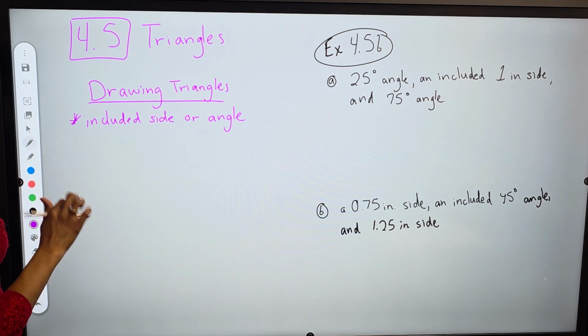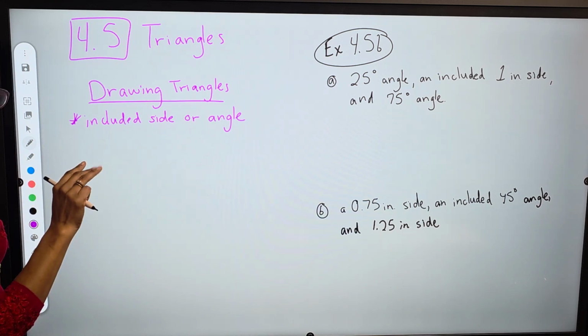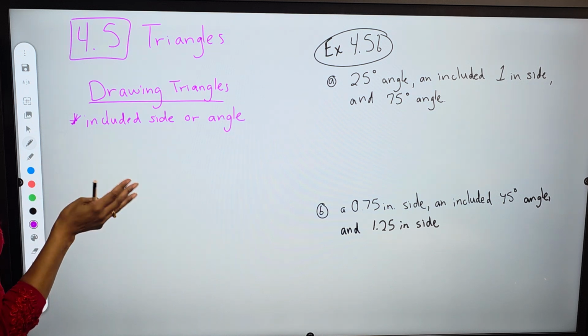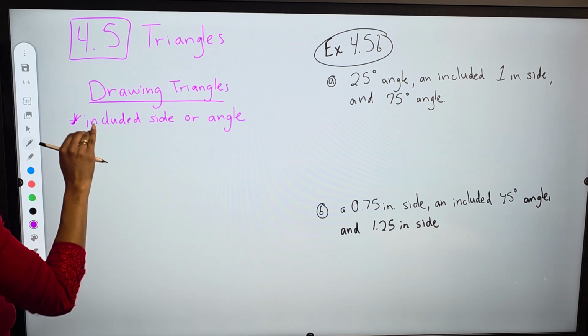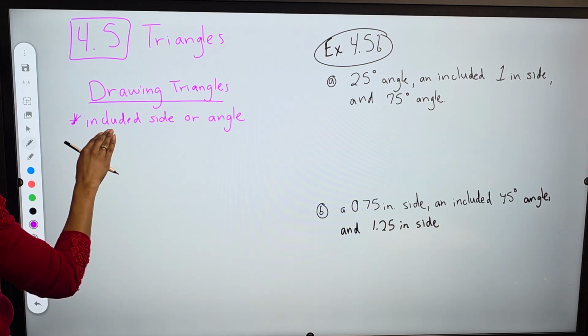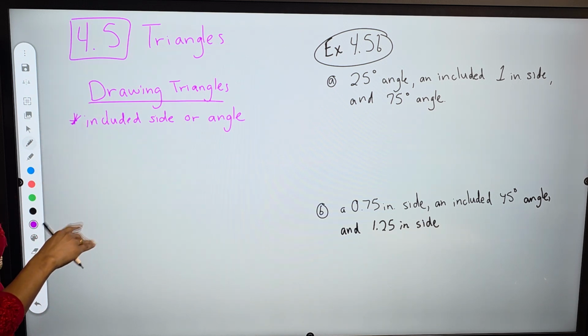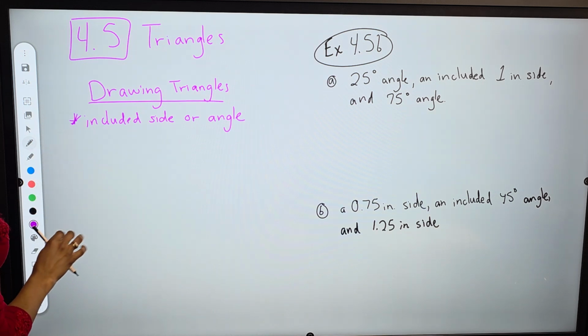So they're going to give you maybe three items. They give you two sides and an angle, or two angles and a side, something like that. But they'll have to tell you which one is in the middle. So the word included tells you which one is in the middle of the other two items.